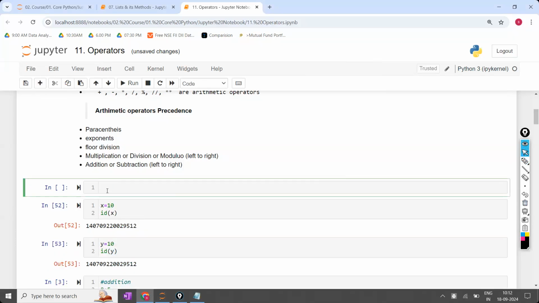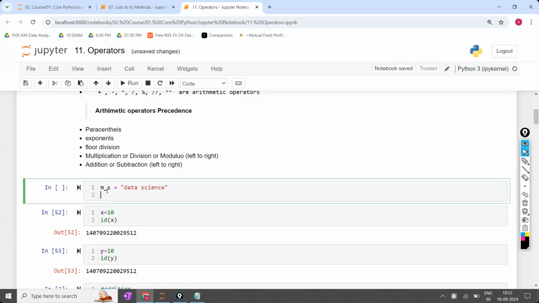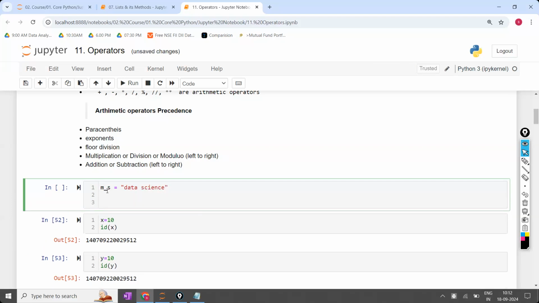Okay, Vaibhav, coming to your question, what is the membership operator? Membership operator means whether it is a member or not. It is just checking whether it is a member. For example, this is the main string, I'm writing as m_s. In the main string, I'm writing the data space science. Now I'm asking the substring, data.